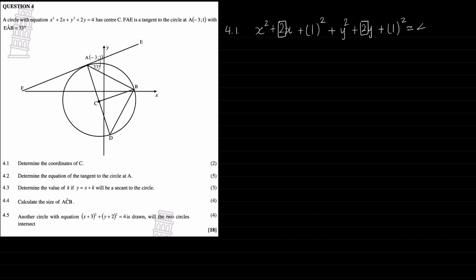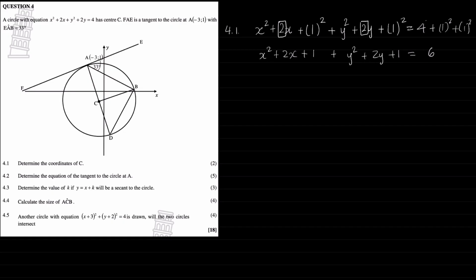That's going to equal 4 plus the 1 squared plus the 1 squared. Now this becomes x squared plus 2x plus 1, and then plus y squared plus 2y plus 1, and that's equal to 4 plus 1 plus 1, which is 6.